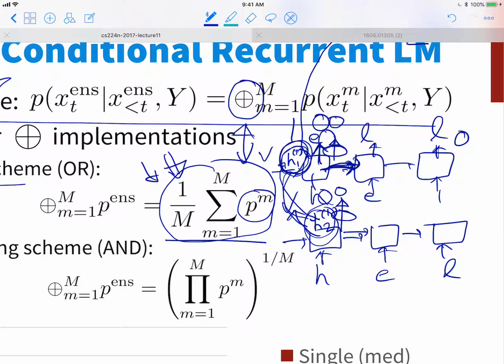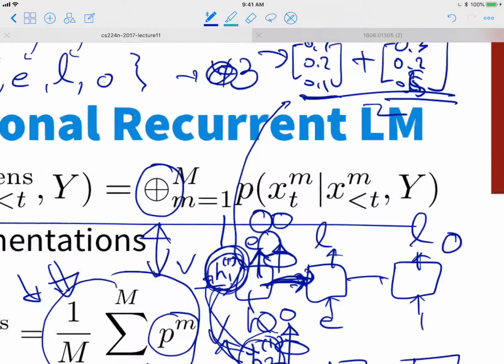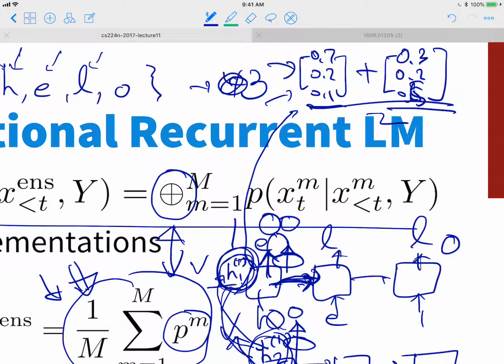This ensembling can also be done not at the output softmax vector, but at the later stage.